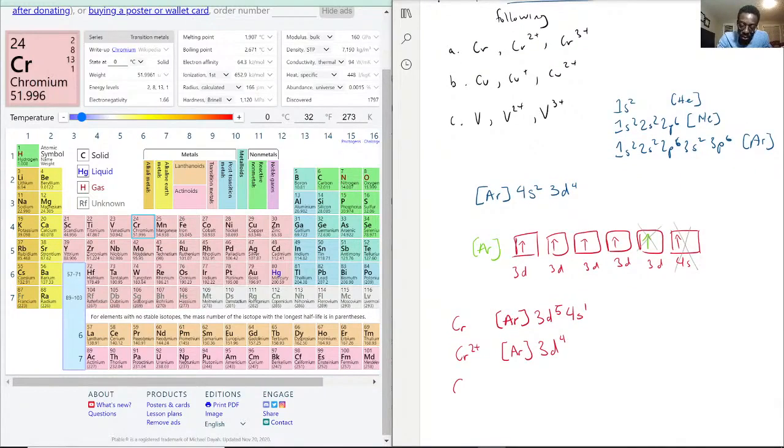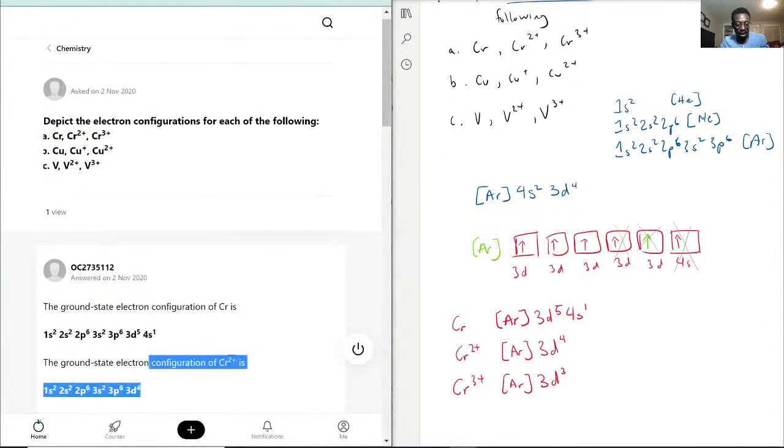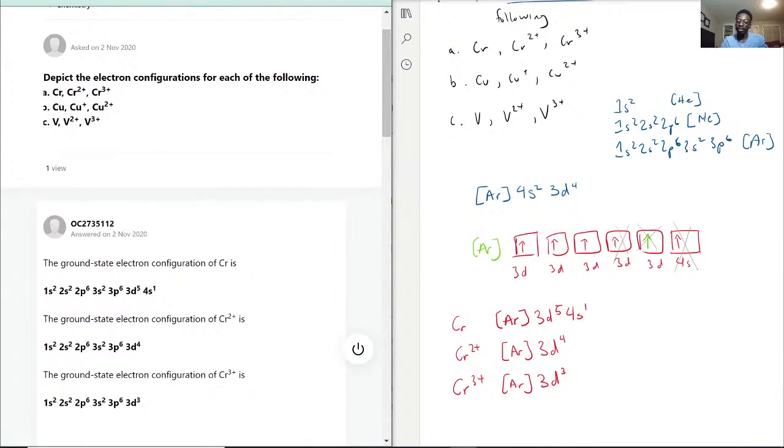If it was chromium 3 plus, same concept, but it has lost one more, so it would be Ar 3d3. Let me double check. Yep, 3d4, and they do mention it's 4s1 3d5 because of the orbital notation as I showed. And yep, 3d3, perfect. So we can box chromium, knowing we solved that correctly.